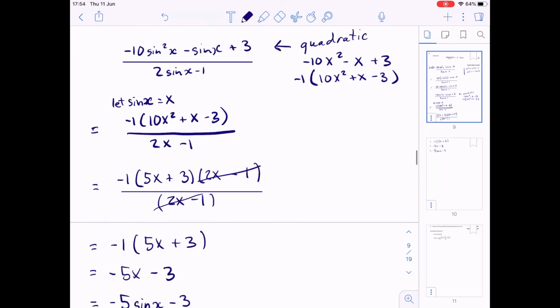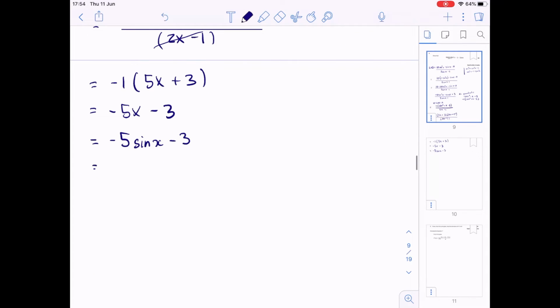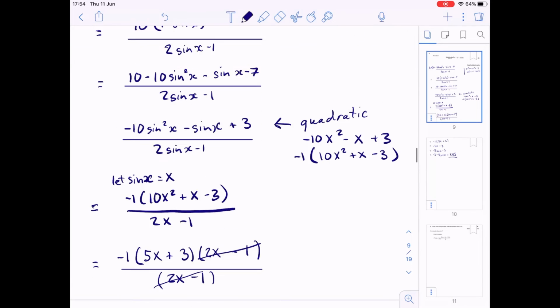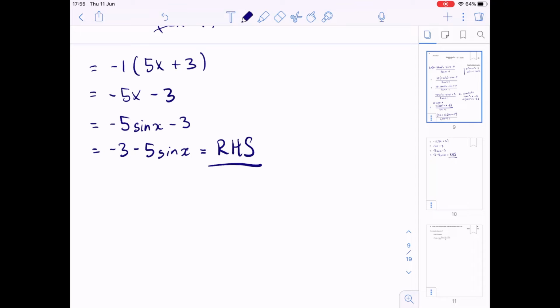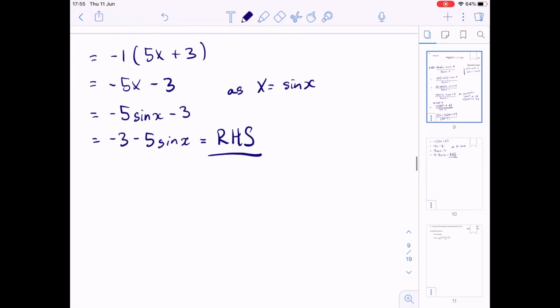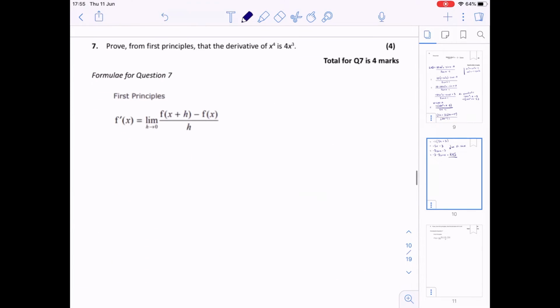Or it was minus 3 minus 5 sine x, so maybe we should write equals minus 3 minus 5 sine x, which equals our right hand side. Okay, so there I am. I've finished working from my left hand side all the way down to the right hand side. Okay, just a sort of note, and that's how I get back to sine x.